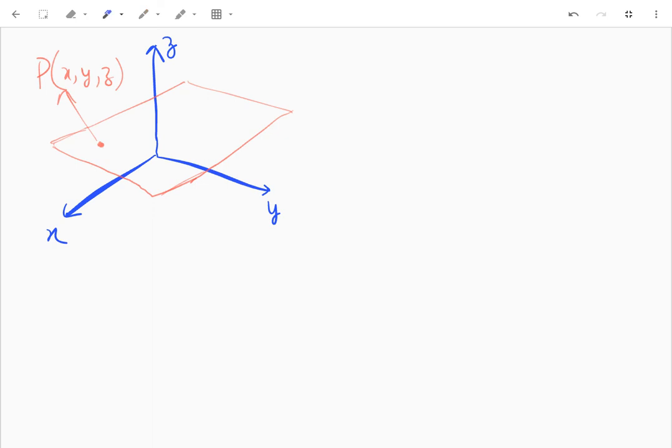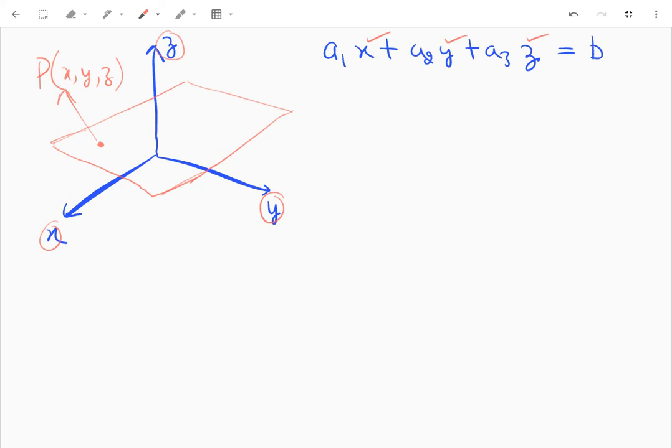For this three-dimensional space, the equation of the plane looks something like a1x plus a2y plus a3z equals b.